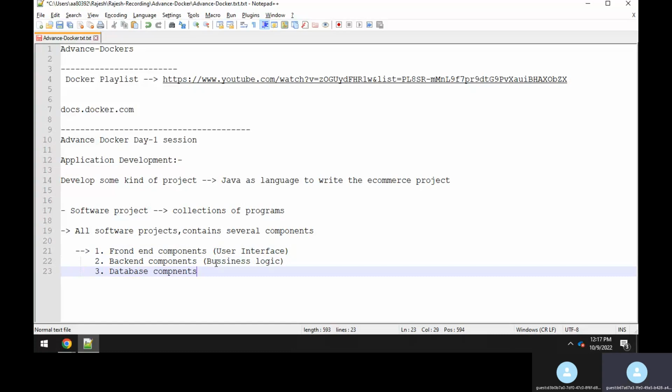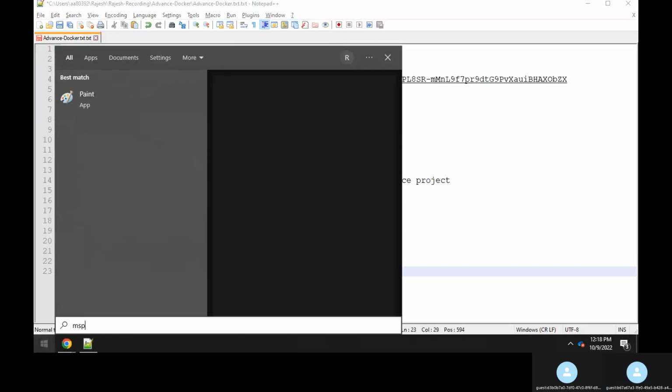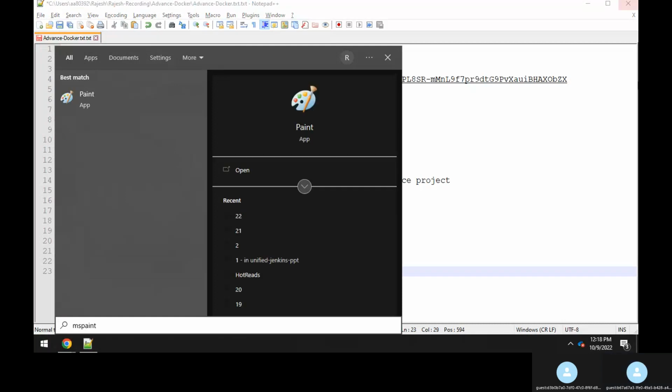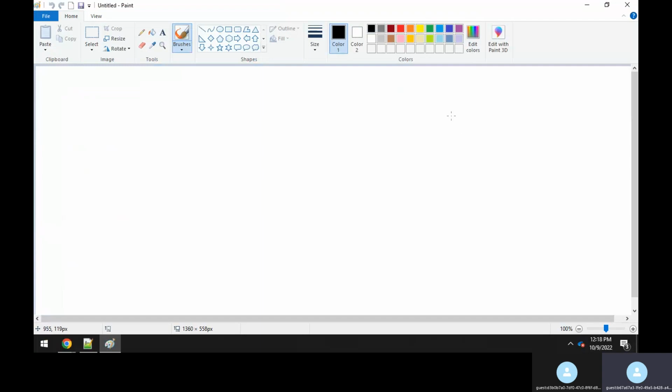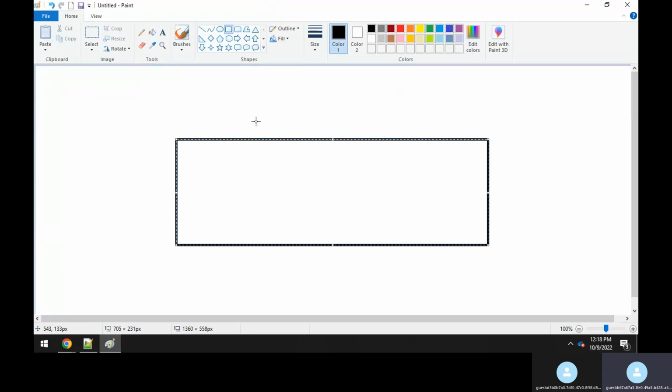Whenever developers are developing the project, they need all these three components. Let us understand through a diagram.